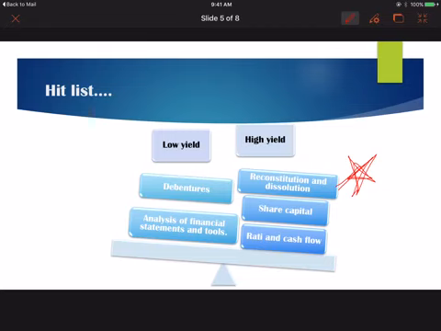Share capital, though it is a bit difficult, but again we have to work according to the weightage, and ratios and cash flows. In part C, they are the only chapters from which questions are asked. Low yield is debentures and analysis of financial statement.